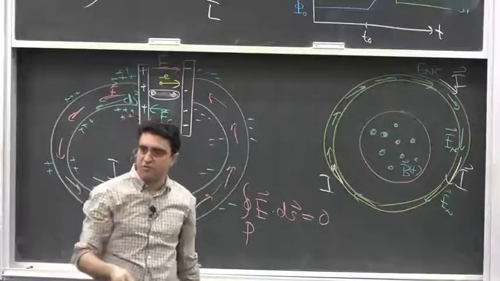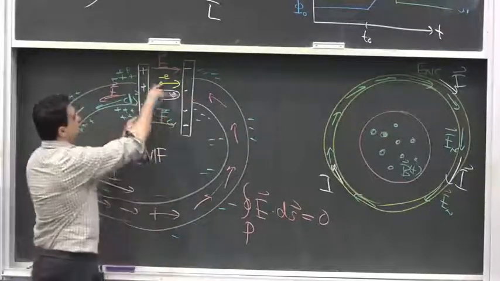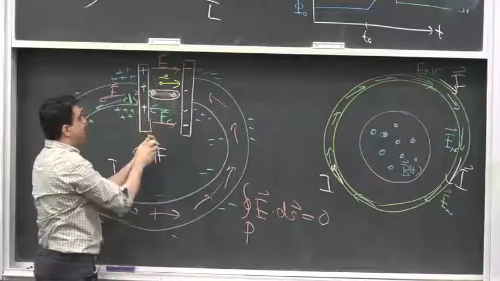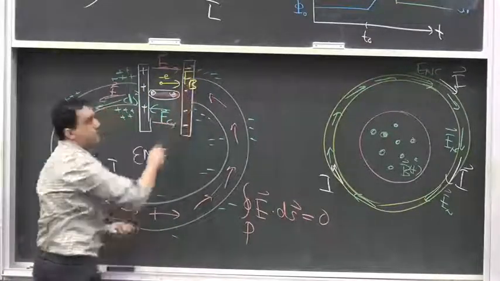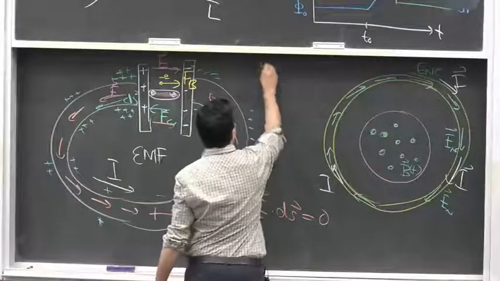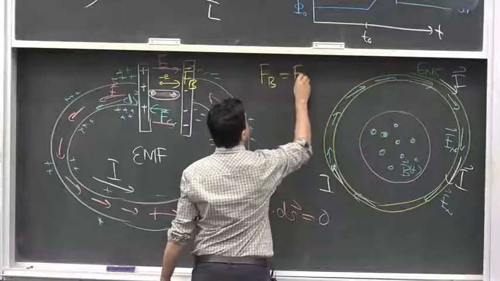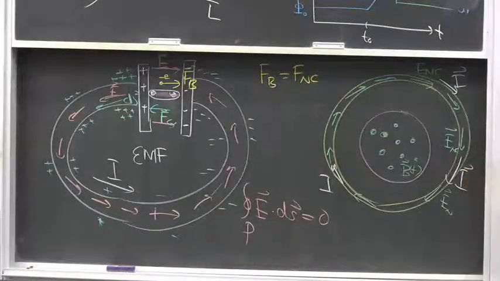But then you have a force which is due to the battery, and that force is a mechanical force, and it should be in the opposite direction. So you have a force due to the battery, which I call F battery, for example. This F battery is a non-Coulombic force. Why is it a non-Coulombic force?